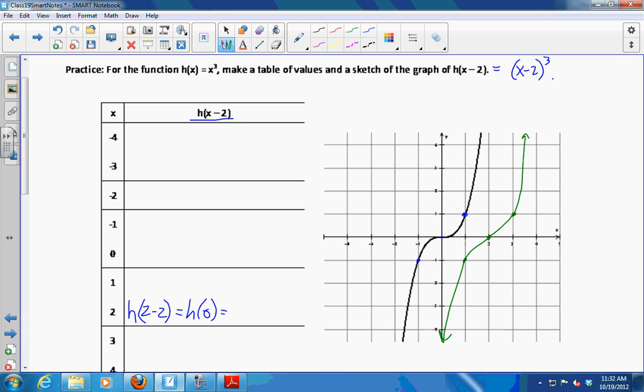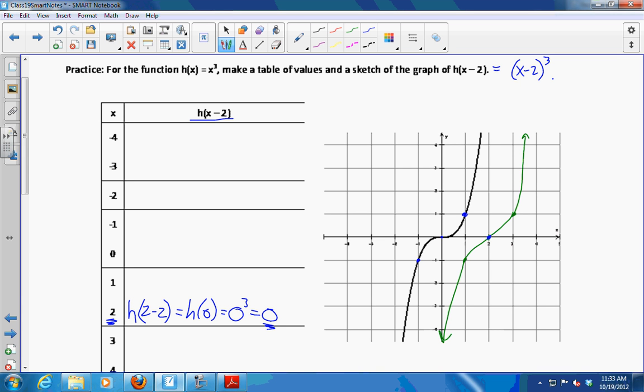And since h of x is x cubed, h of 0 is 0 cubed, or 0. So my x coordinate is 2, y coordinate is 0, and that is one of the points that I put on the graph, 2, 0.